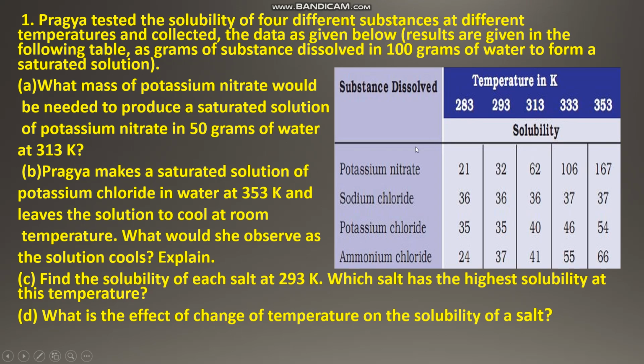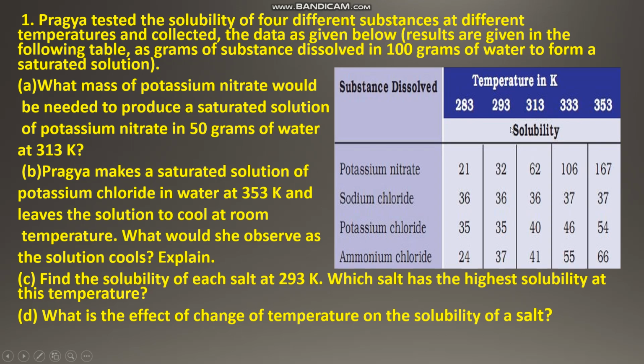In this table, the results are given as grams of substance dissolved in 100 gram of water to form a saturated solution. For example, one salt is potassium nitrate. At 283 Kelvin, 21 gram of potassium nitrate is required to dissolve in 100 gram of water to make a saturated solution.